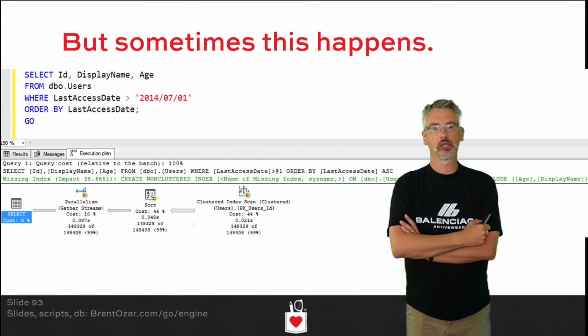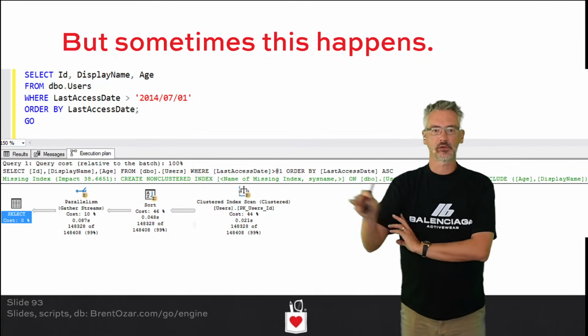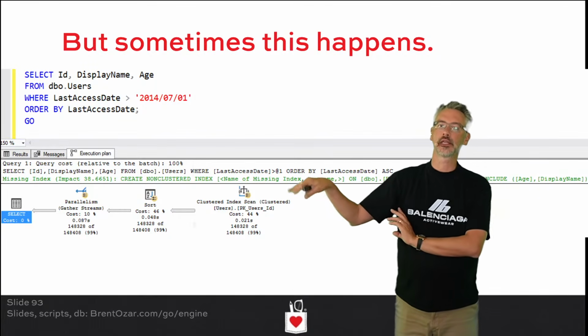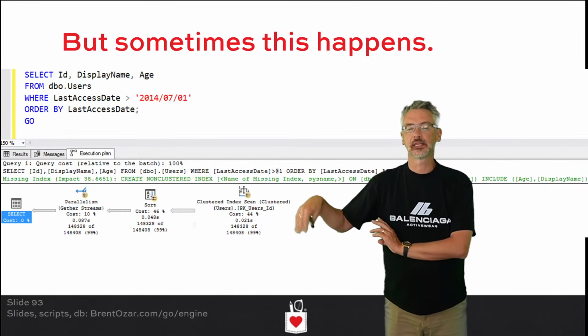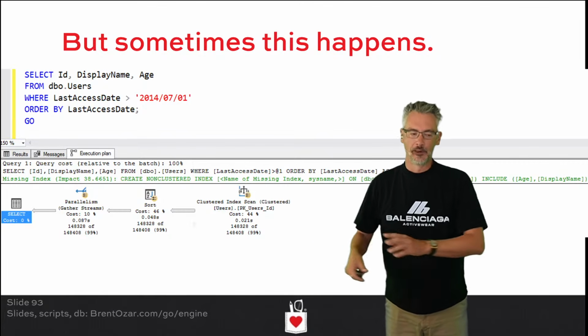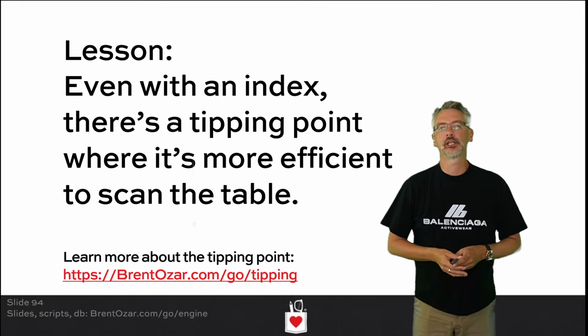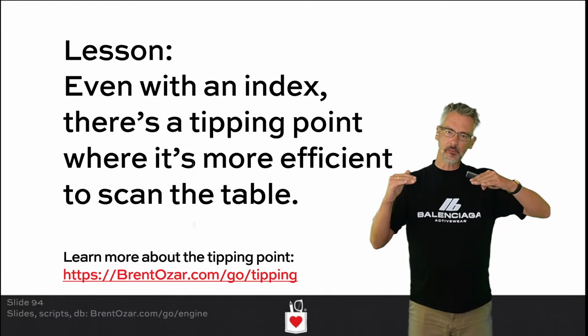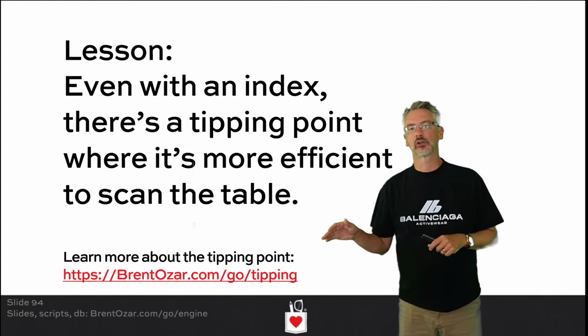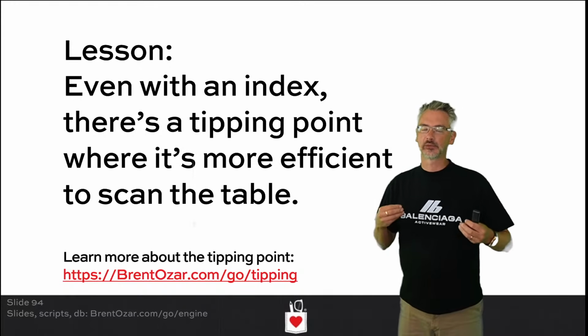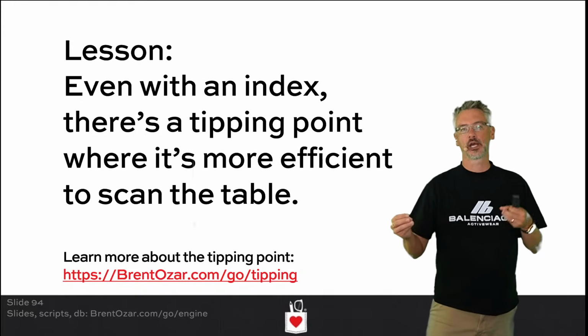Because if I use the year 2014, SQL Server says, yeah, no, screw the index. It makes more sense just to scan the entire table once. SQL Server has this concept of a tipping point. And the tipping point is the point where it makes more sense to just scan the entire table instead of doing these back and forth key lookups.